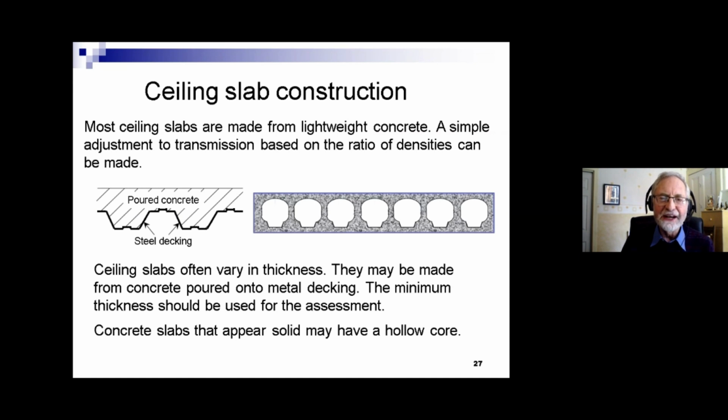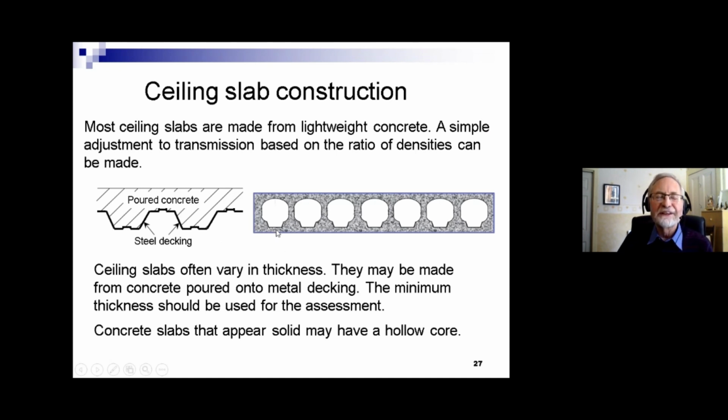Those factors are for high density concrete though, and sometimes the density of the concrete might be less, so we need to make adjustments for density. The concrete slab might have been poured onto some sort of decking, so there might be differences in thickness.